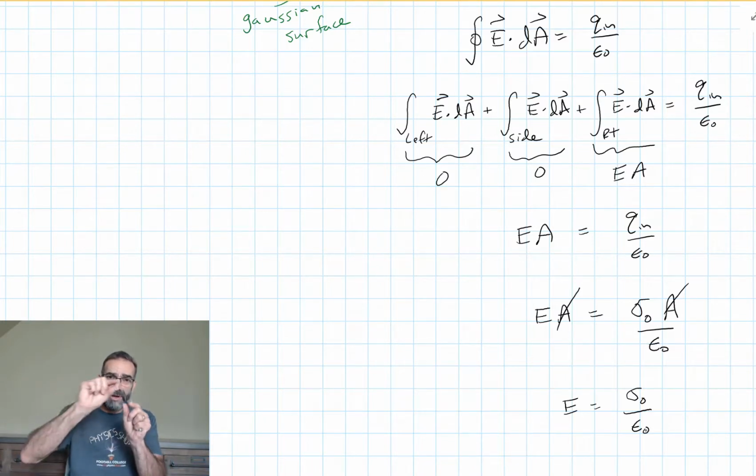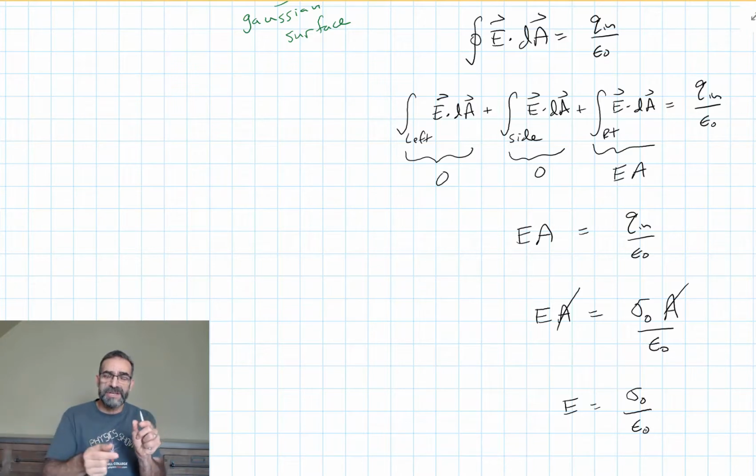Only in a very small region close to the edge do you have edge effects that change the electric field and make it look like this is not an infinitely large conductive plate. So for our purposes, it's a pretty good approximation to treat these plates like they're infinitely large. But we're going to be given the area and the amount of charge, and we're going to use that to find sigma.